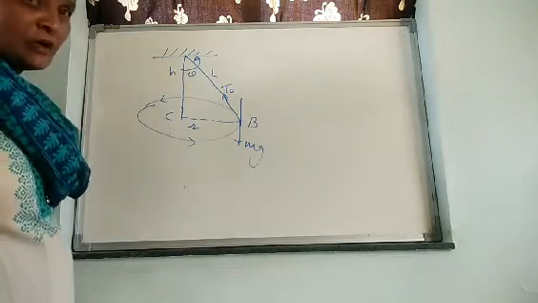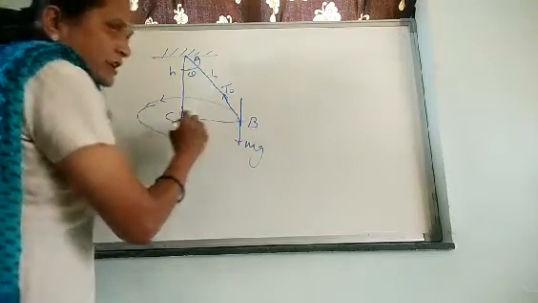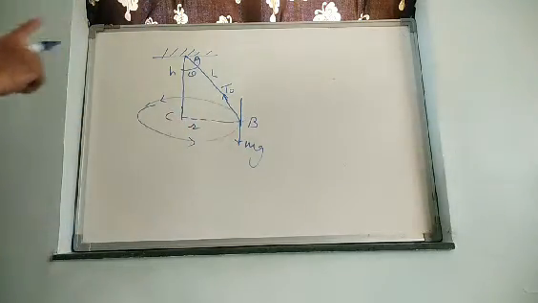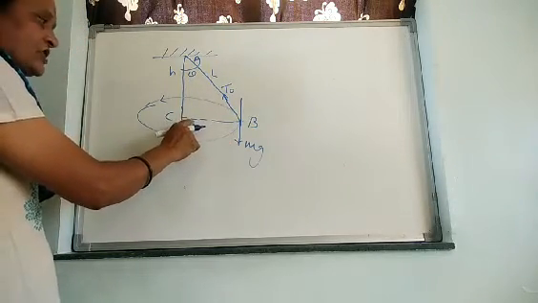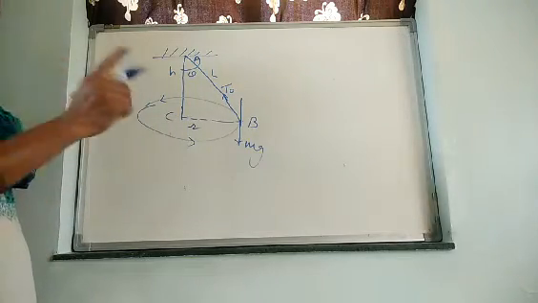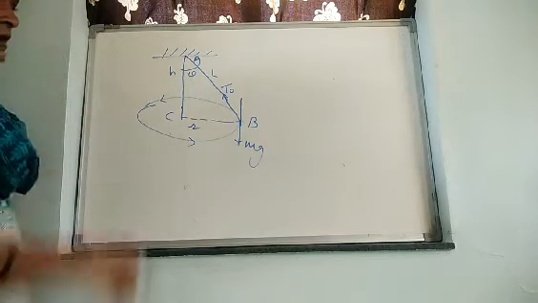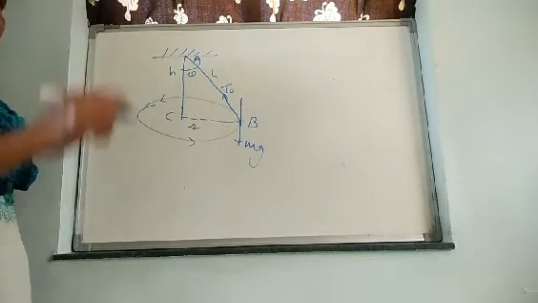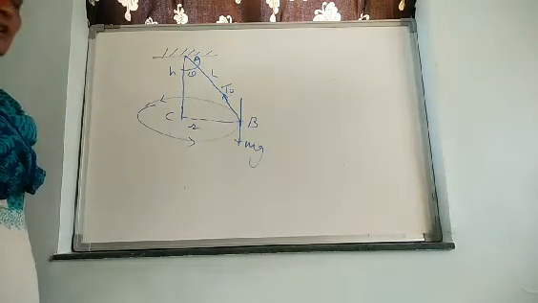As the bob performs the horizontal circle, the resultant force must be in the horizontal direction, directed toward the center of the circle, which provides the necessary centripetal force for this horizontal circular motion. At that time, all the vertical forces cancel each other.